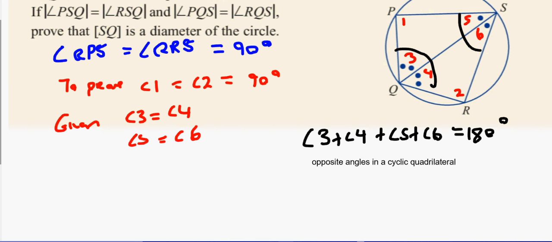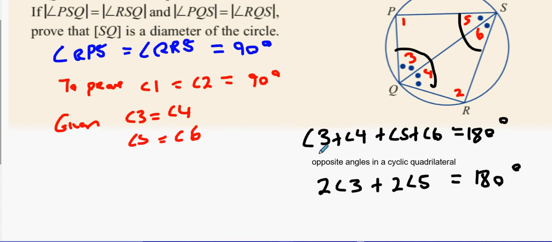So therefore, we have it. Essentially, we could argue that 2 times angle 3 plus, for argument's sake, 2 times angle 5 equals 180. Would that make sense?